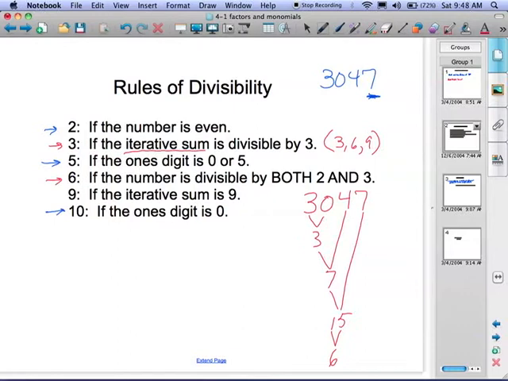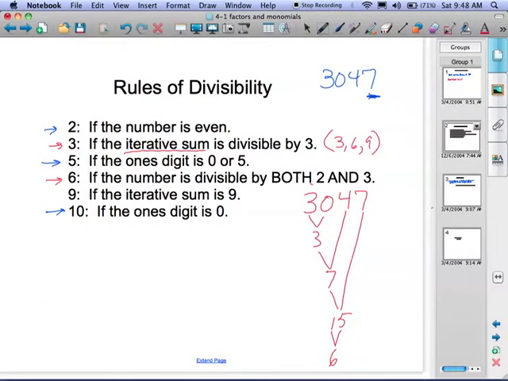The next one we'll look at is 6, and the rule for 6 states the number must be divisible by both 2 and 3. So the rule for 6 involves looking at the number, but also looking at some work you already completed. We know that 3047 is not even. It's not divisible by 2. Therefore, it's not divisible by 6 because it's not divisible by both 2 and 3. So that would be a no for the 6.